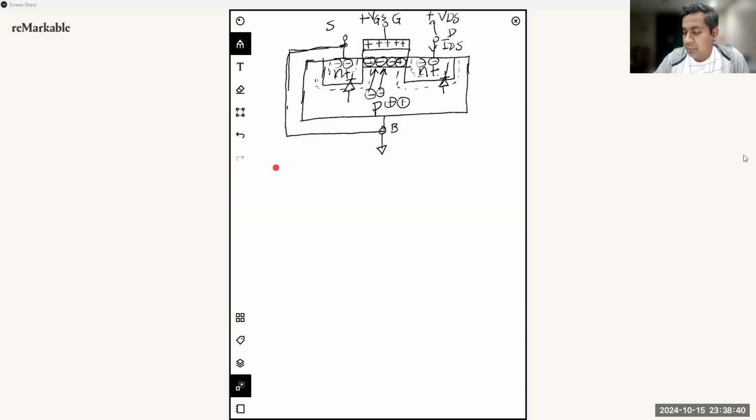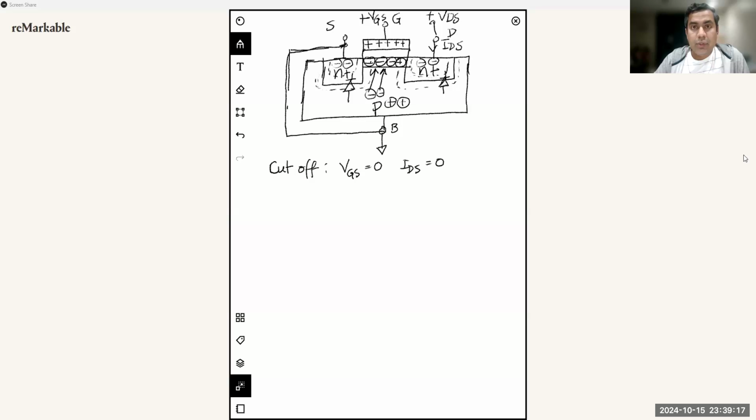So we have established that these MOSFETs will have three different operating regions. The first one is the cutoff region, which is when you have 0 voltage at VGS. Then your current is obviously going to be 0. Then as soon as you start to increase the voltage, you'll see electrons getting accumulated in the channel region.